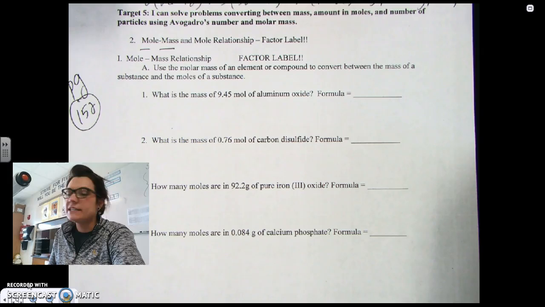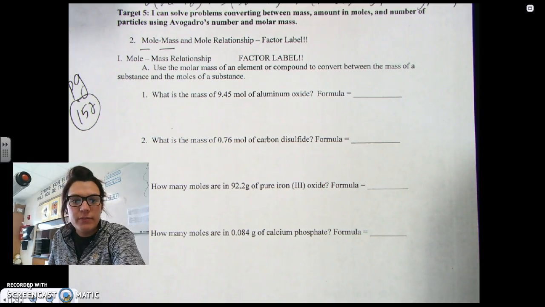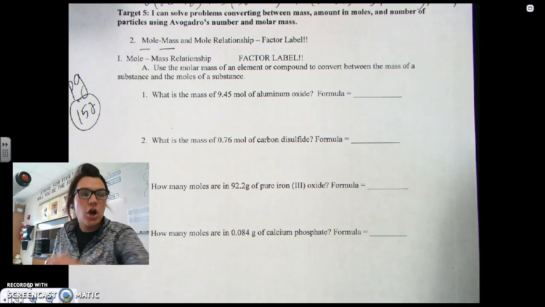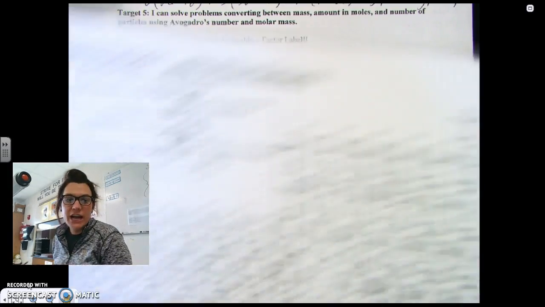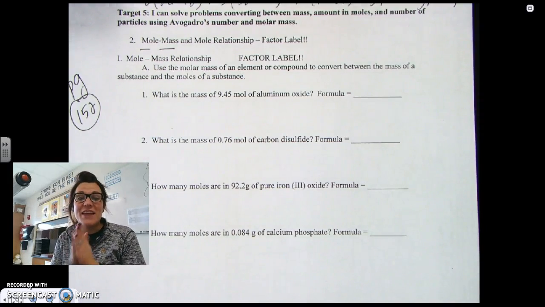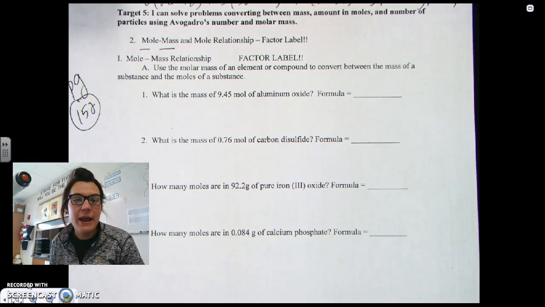Okay. And this is going to look exactly like we've been doing, except now, instead of molecules or atoms and using Avogadro's number, we need to use the periodic table to find grams. Now this is my favorite part of the mole unit because from here on out, every time I say grams, the first person in class that says periodic table will get an Einstein.